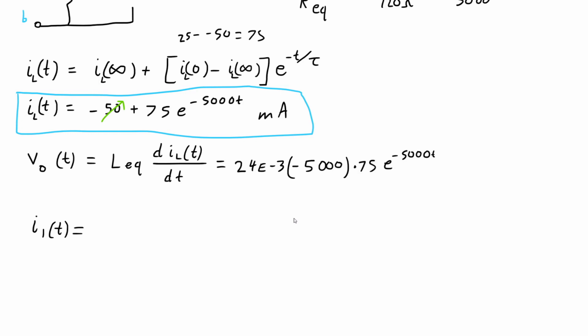So let's think. Oh, yeah. Almost forgot. This is why you've got to be careful sometimes with the order of magnitude. That's 75 milliamps, e to the minus 5,000 t.